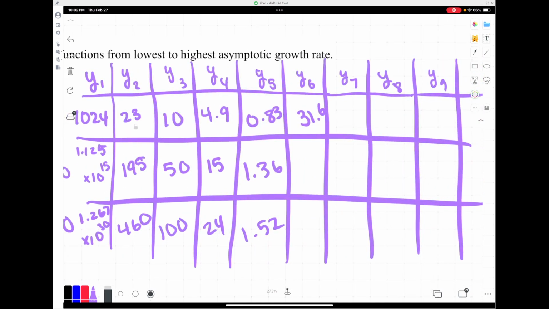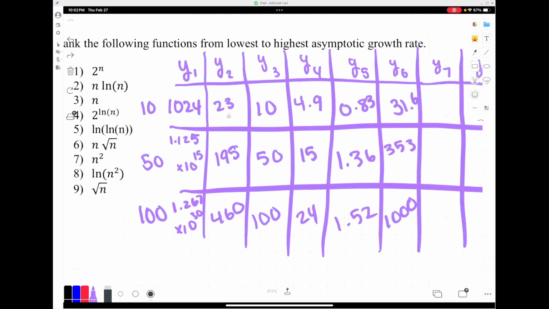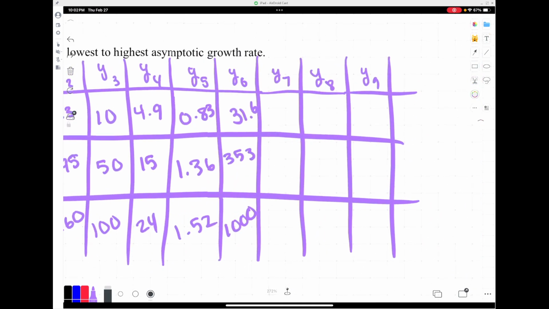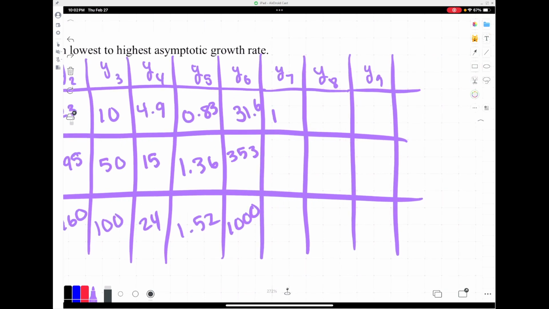Actually, 50 to the square root of 50 is 353. 100 to the square root of 100 is 1,000. For the seventh, it's n squared, so 100, 2,500, 10,000.